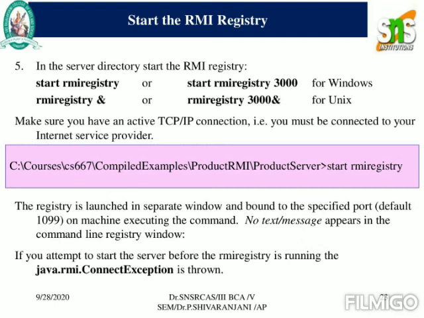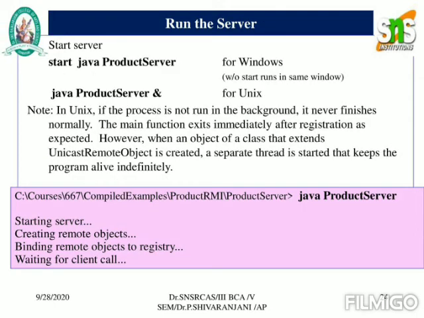No text message appears in the command line registry window. If you attempt to start your server before the RMI registry is running, then a java.rmi.ConnectException is thrown. So this will help you to throw out your connection establishment error.